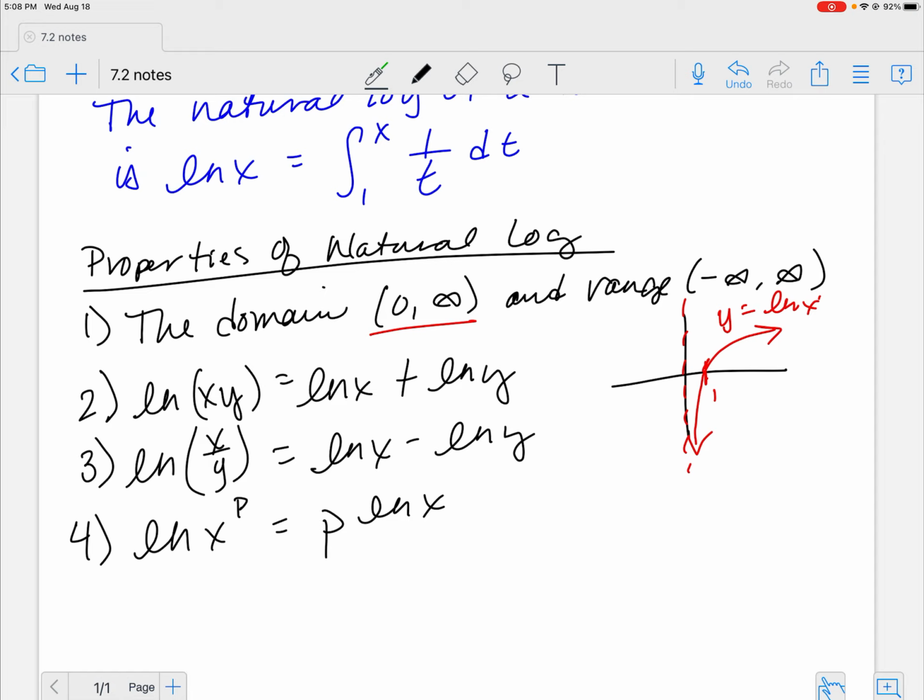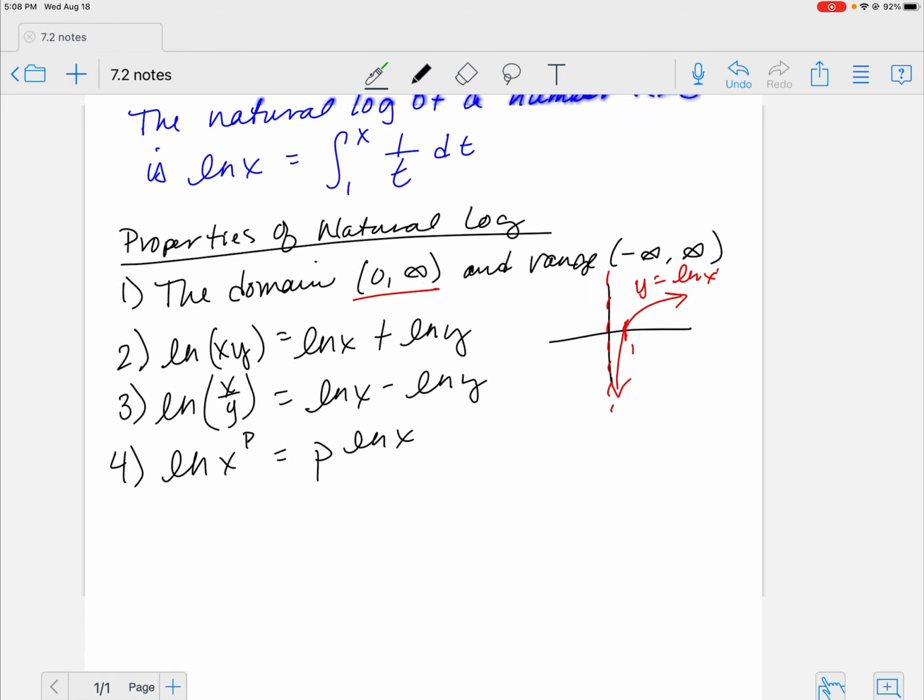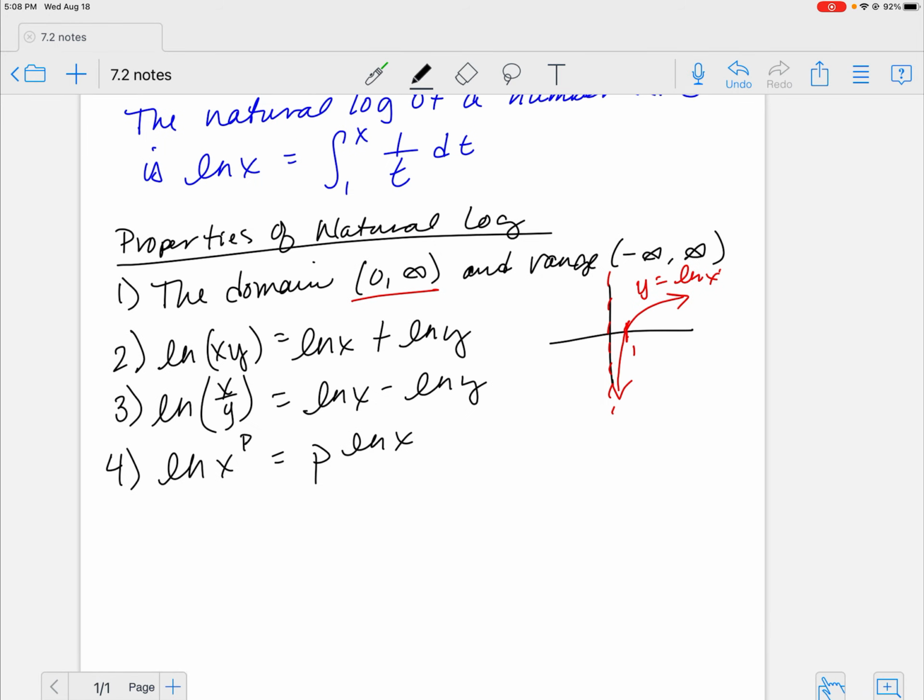All right, this is all algebra review. Up to this point has all been algebra review. Now, ladies and gentlemen, we're getting into a little bit of calculus here. Number 5. The derivative with respect to x of the natural log of the absolute value of x is 1 over x.